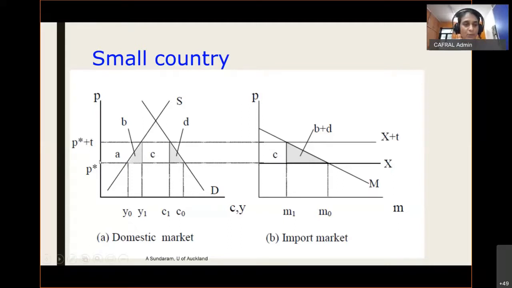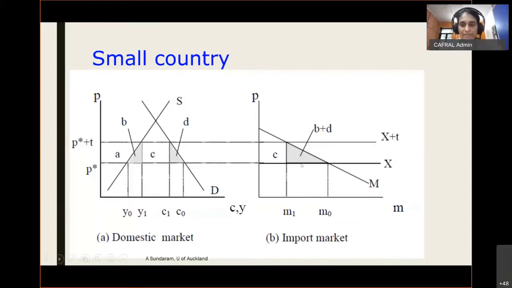So let's think about what happens when the domestic government imposes a tariff. When the government imposes a tariff, the export supply curve shifts up to X plus T. Right? Because now in order to bring their goods into the country, exporters have to pay a tax, a tariff at the border.